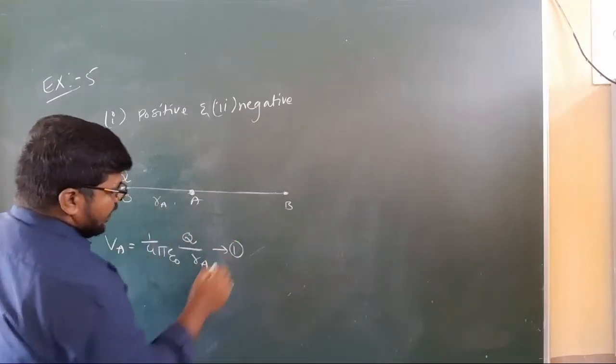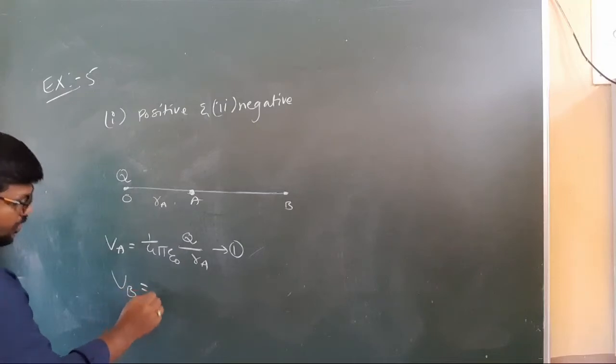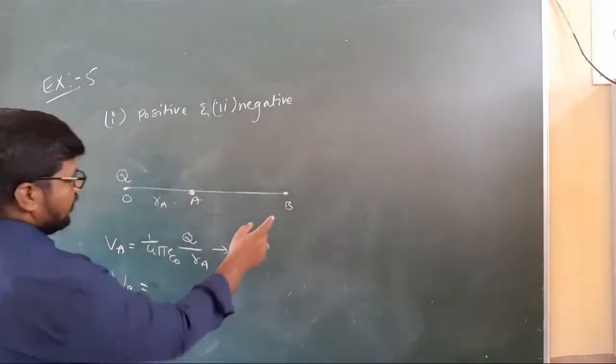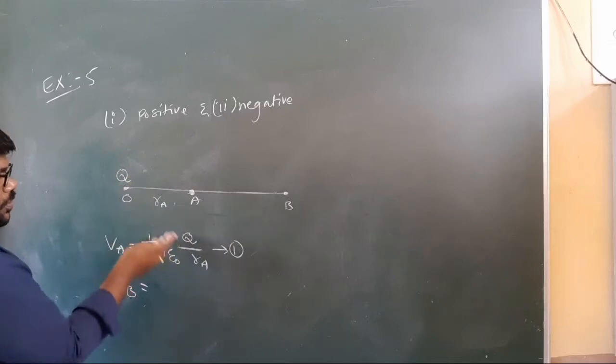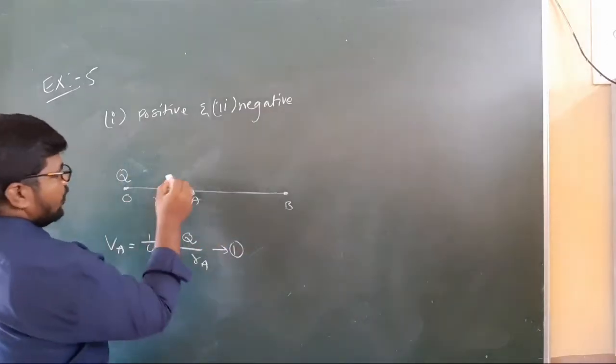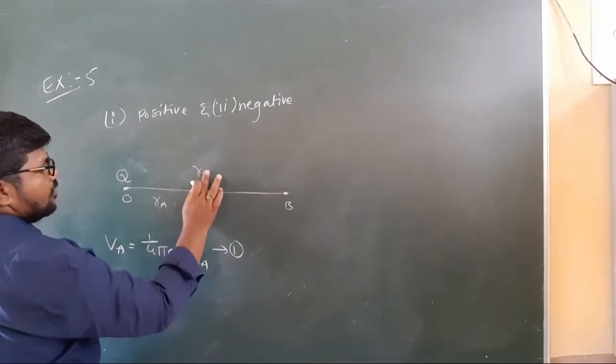Next, V suffix B is the electrostatic potential at B with respect to charge Q. The distance between O and B we take as RB.